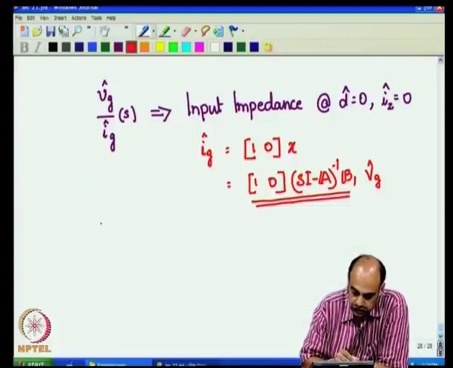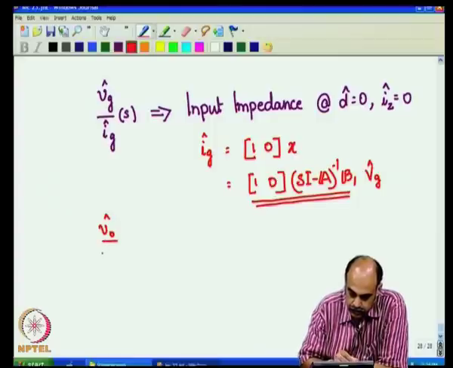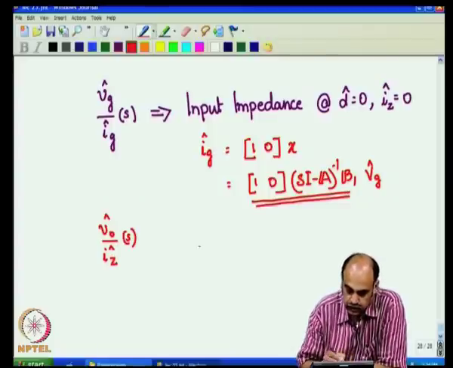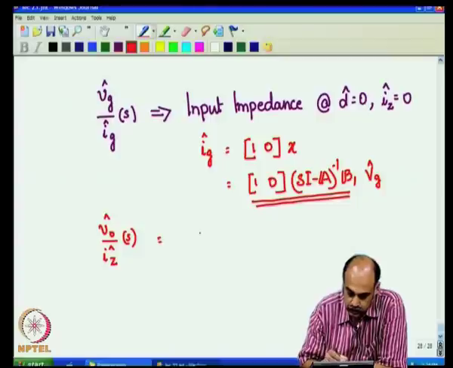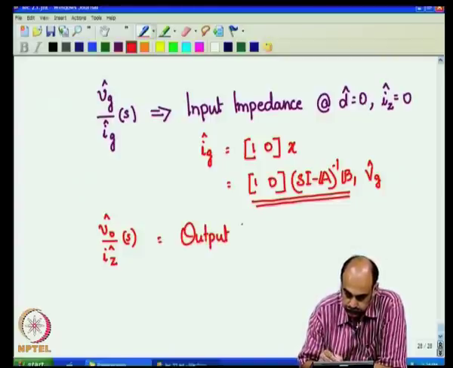Then another common transfer function is V naught hat by Iz hat Laplace, and this is called the output impedance.